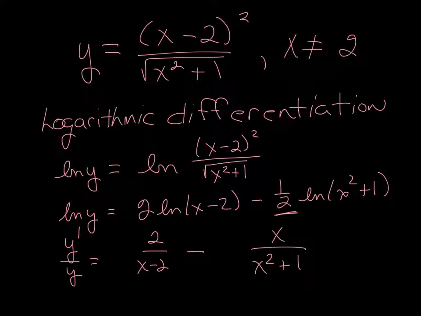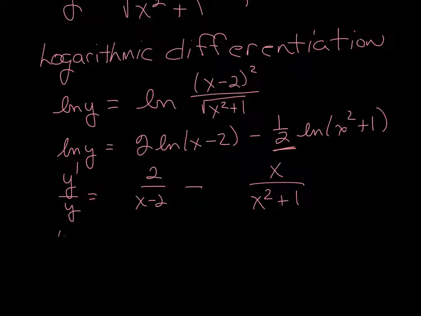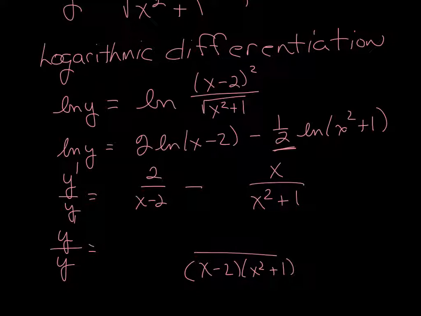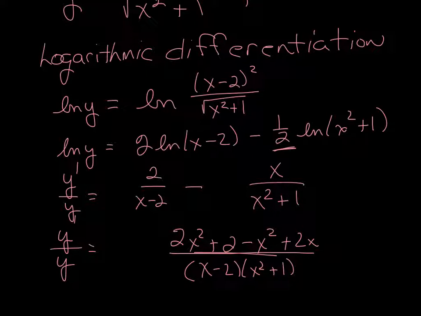I skipped a step. Is that okay? Wait, so are we solving for what? Common denominator over here, which is going to be x minus 2 times x squared plus 1. And when we cross multiply, we'll have 2x squared plus 2 minus x squared plus 2x. Did that all in my head? Is that okay? Yes, ma'am.